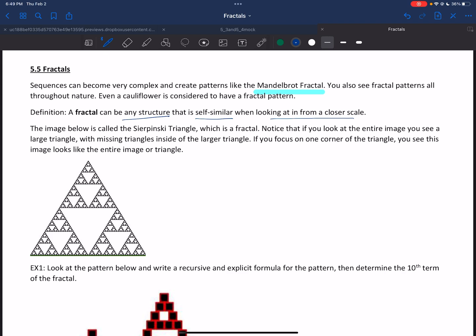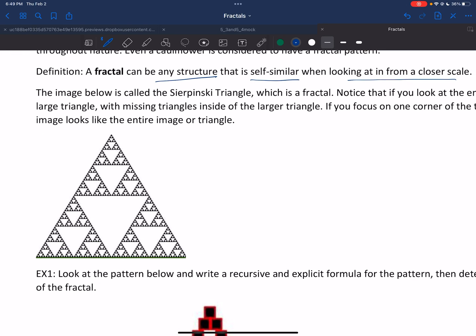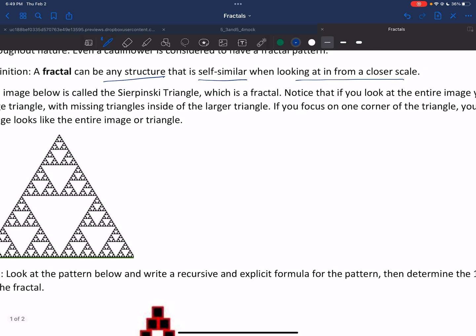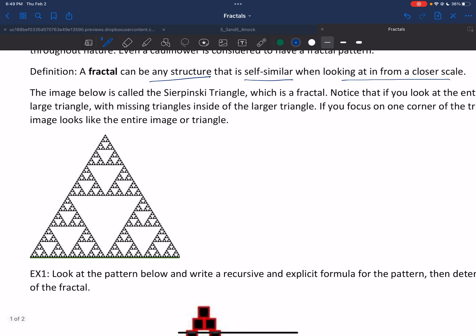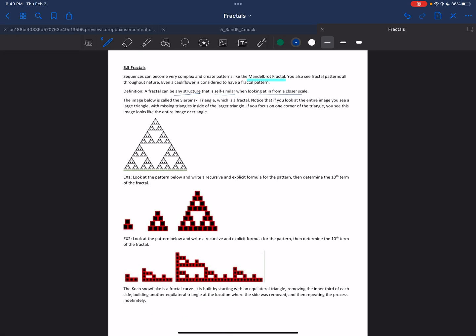The image below is called a Sierpinski triangle. Notice that if you look at the entire image, you see a large triangle with missing triangles inside the larger one. If you focus on one corner of the triangle, you see an image that looks like the entire image. So if we look at it fairly small, you see the main triangle on the inside, and you see some holes here, and you even see some holes surrounding it there.